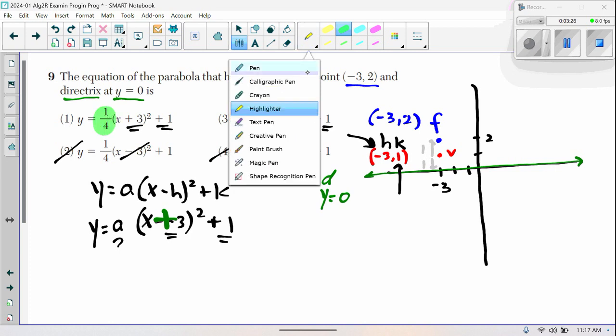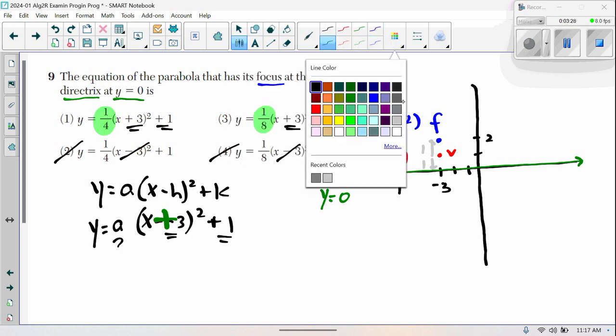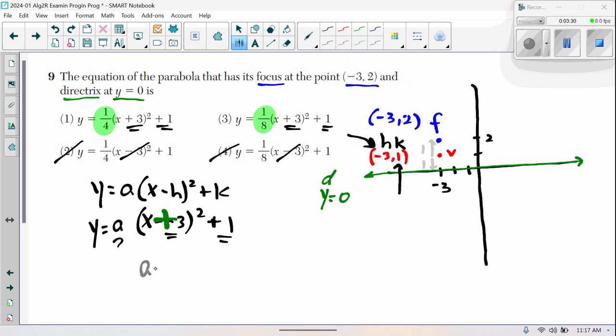So how do I figure out the A value? Well, I'm glad you asked, kids, because it's simple. A is 1 over 4c. Now you're like, Visca, you just defined a variable using another variable. C is the distance from the vertex to the focus. You see how I went up 1?